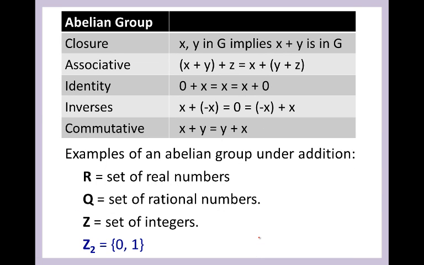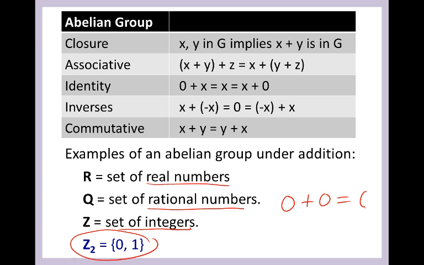Examples of abelian groups include the real numbers, the rational numbers, the set of integers, as well as Z mod 2. Note that the additive inverse of 0 is 0, since 0 plus 0 gives me 0 back again.